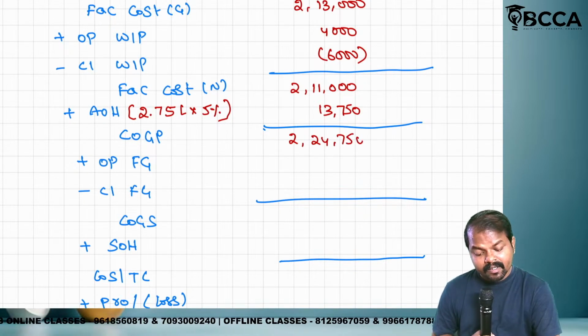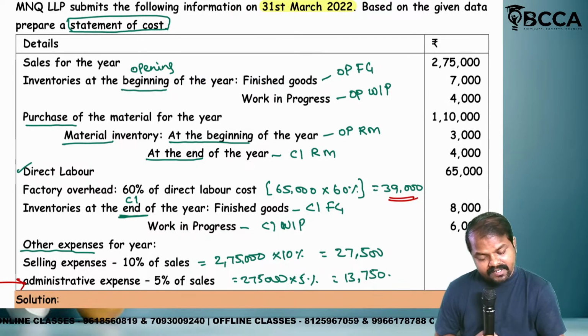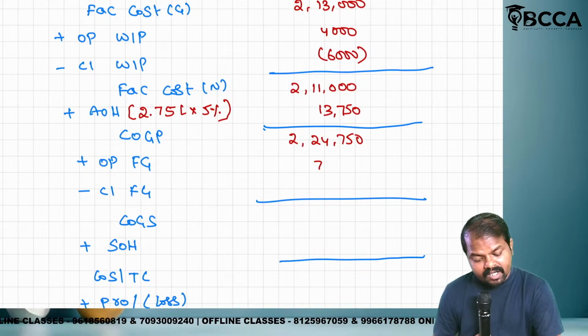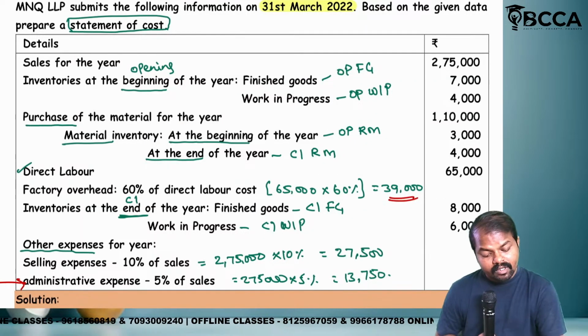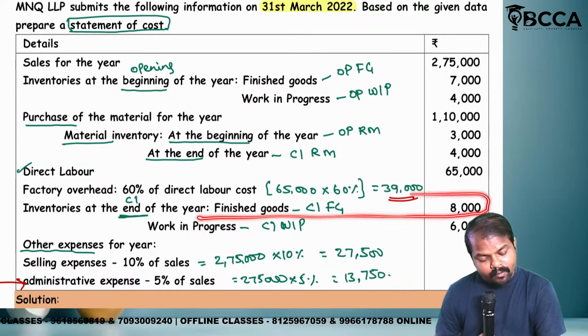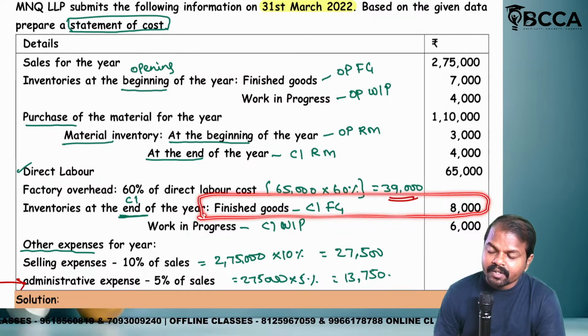2,07,000. Please check whether opening stock of the finished good is there. Yes. Closing stock of finished good, yes. Opening stock of finished good how much? What is the closing stock of finished good? Closing stock of finished good how much ma? 8,000 rupees.